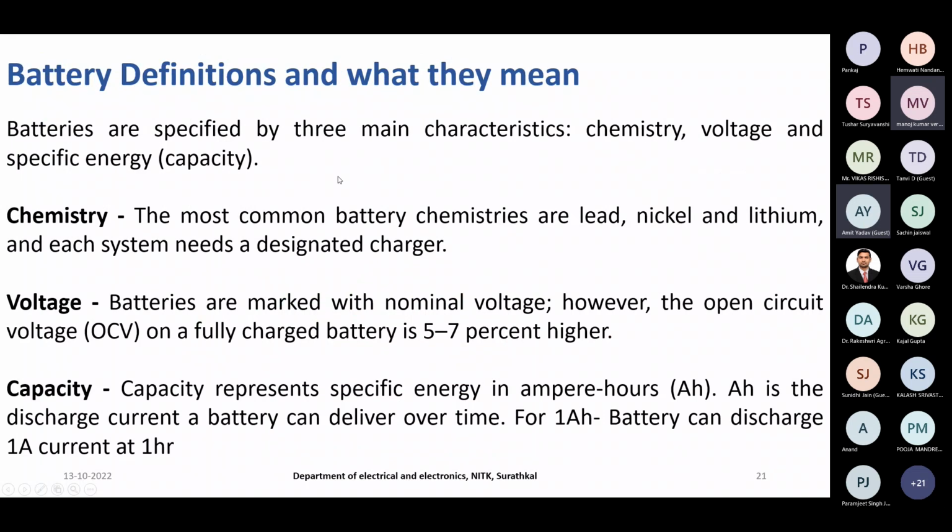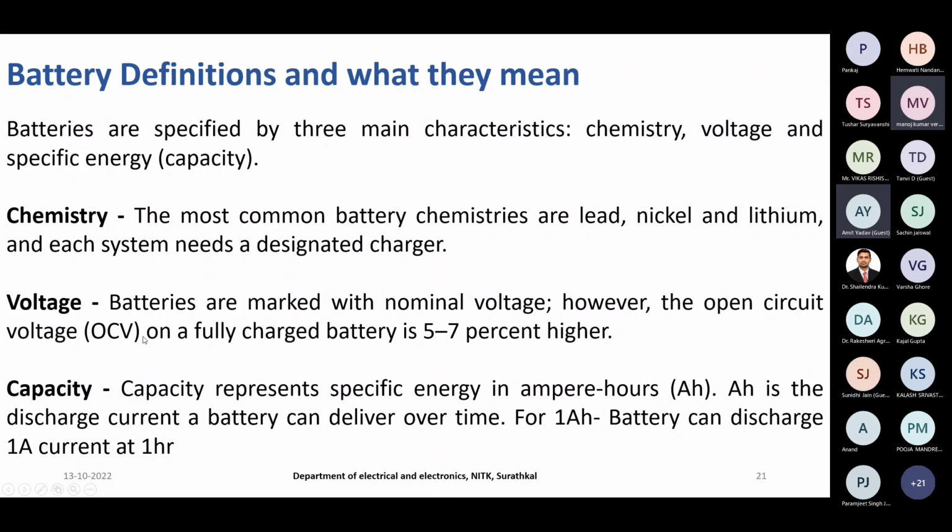So with this battery definition, batteries are specified by three main characteristics: the chemistry, voltage, and the specific energy. We have talked about the specific energy. For chemistry, the most common batteries are lead acid, nickel, and lithium ion, and each system needs a designated charger.